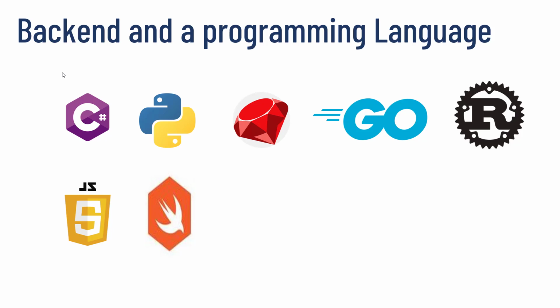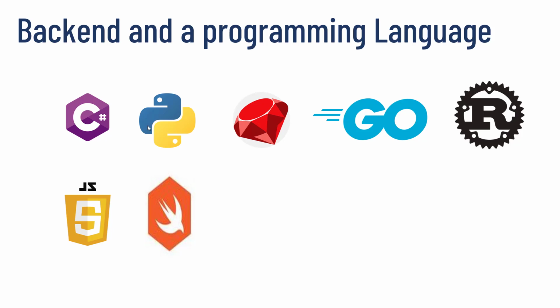APIs should be developed by backend programming languages like C#, Python, Ruby, Go, Rust, Swift, or even JavaScript. So you should know how to work with one of these programming languages and its frameworks, because each of them has its own frameworks also.